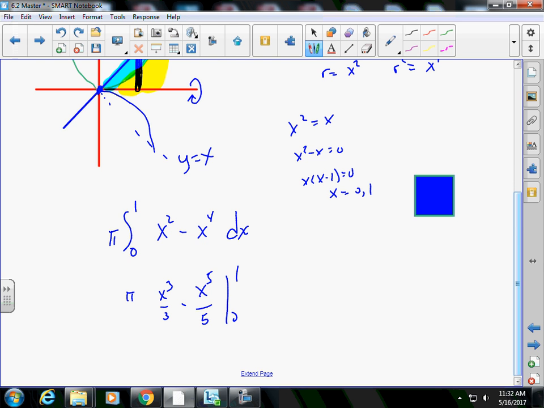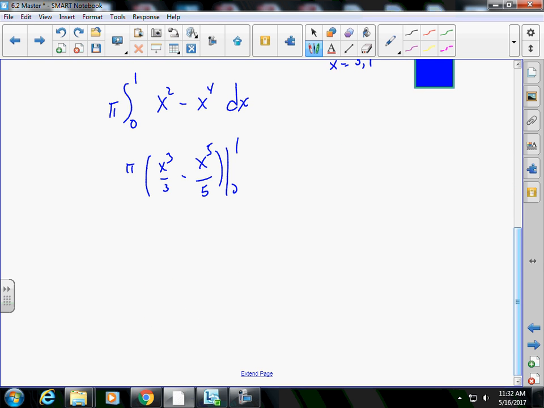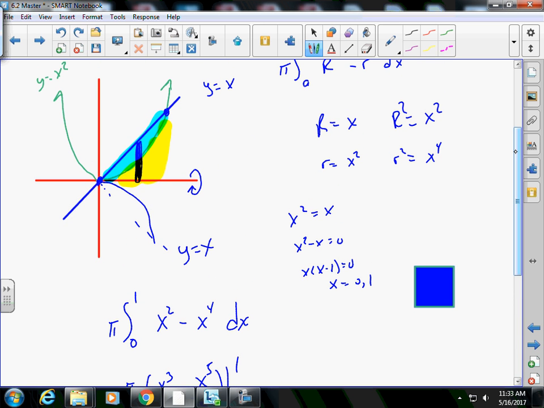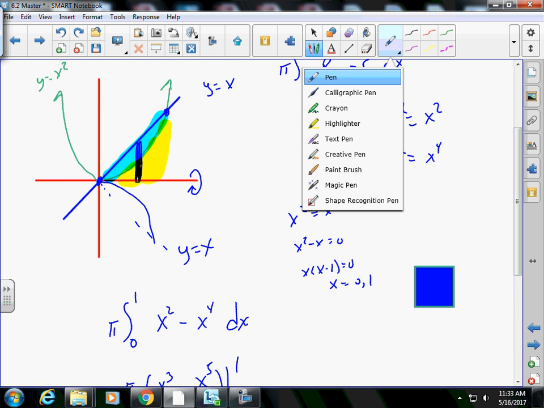I'm going to go from 0 to 1. I get pi times 1/3, subtract 1/5, subtract 0, because 0 goes in for x, and that all turns out to be 0. And then it turns out my final answer is 2 pi over 15. That's that volume with us removing all this yellow.